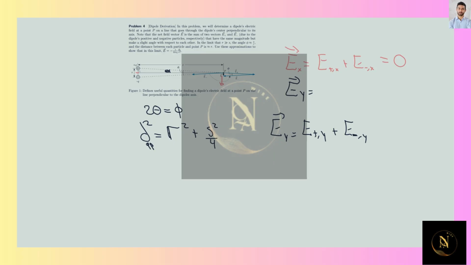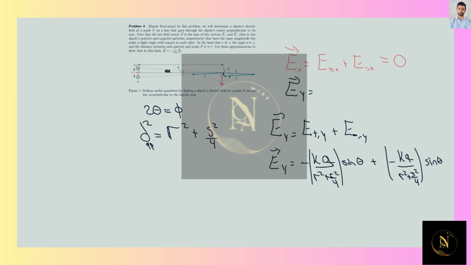So for E positive y, we get minus Coulomb's constant times the charge divided by the distance squared, r squared plus s squared over 4, multiplied by the sine of theta. On the other hand, we have the same quantity, minus kq divided by r squared plus s squared over 4, also multiplied by the sine of theta to get the y component.